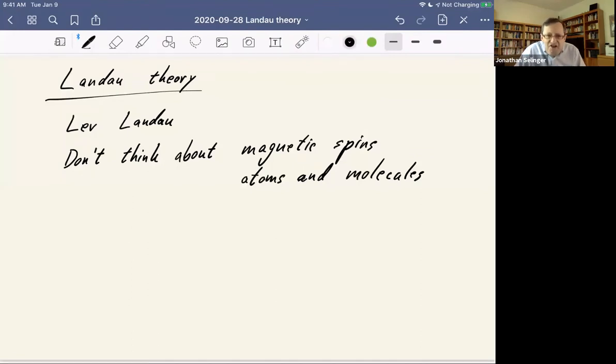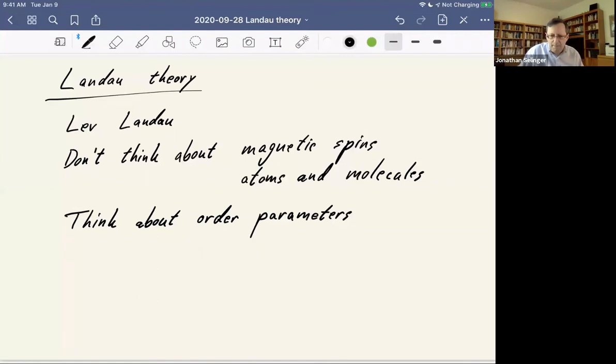And we imagine that the world is made of order parameters, right? That is, we think about order parameters. We think as if order parameters are the fundamental ingredients in the theory. And then we say, well, what can we figure out about the world just by thinking about order parameters and forgetting about spins and atoms and molecules?